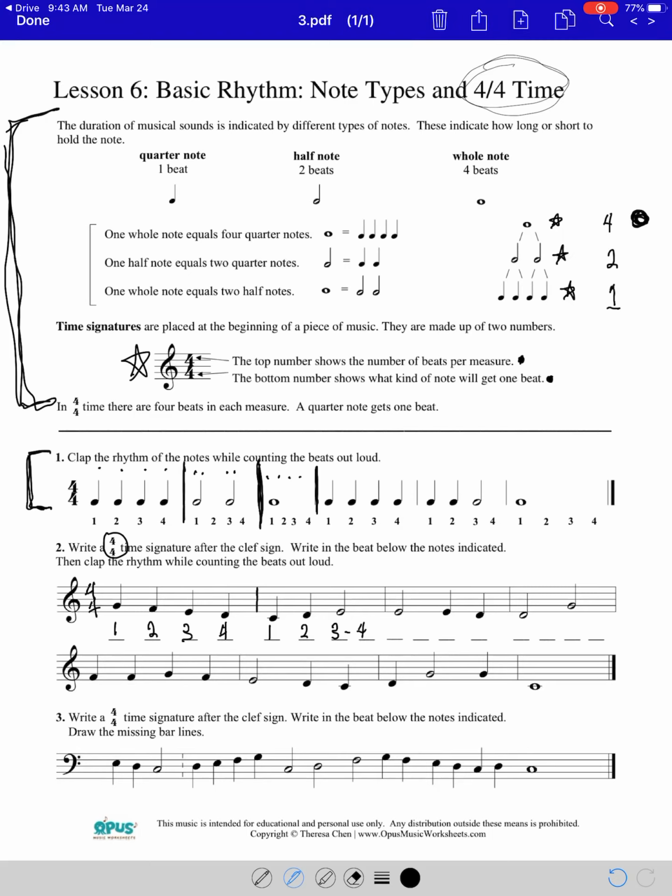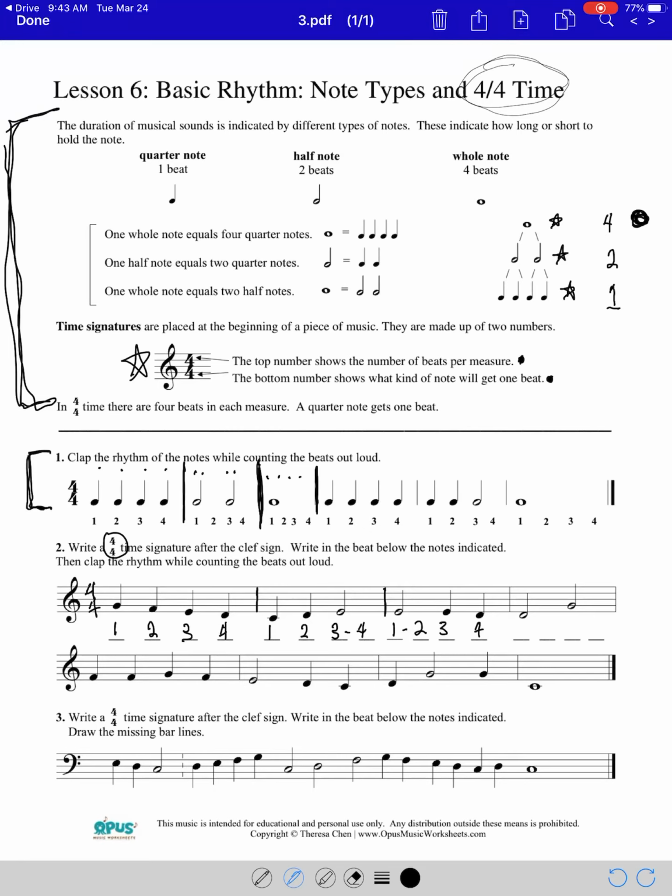Then we start back over, of course, at 1 because there's another bar line there. And then this would be 1 and 2 because it's a half note, 3, 4. Cool. So that's how that works. And I know that you can do the rest of them. So there is 1, 2, 3, 4, 5 more measures for you to do on your own.